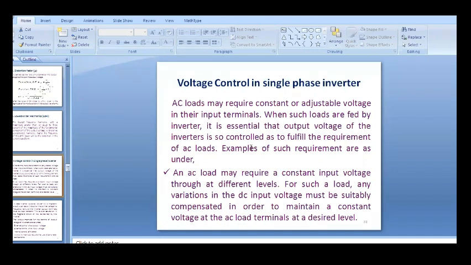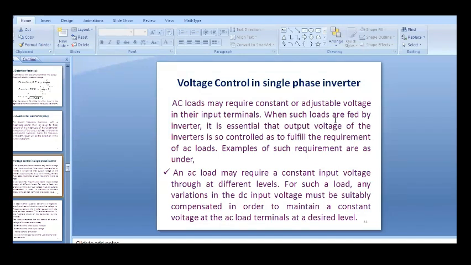Now I shall go to the another topic, which is voltage control in single phase inverters. Basically, AC loads may require a constant or adjustable voltage at their input terminals.